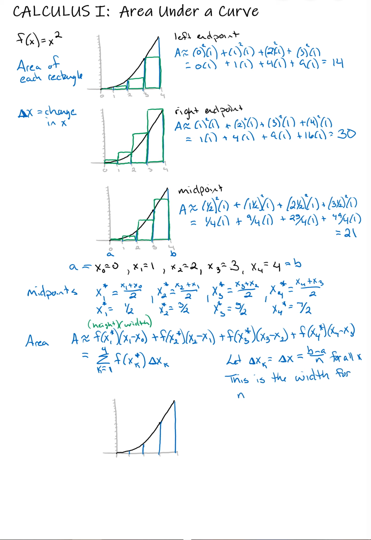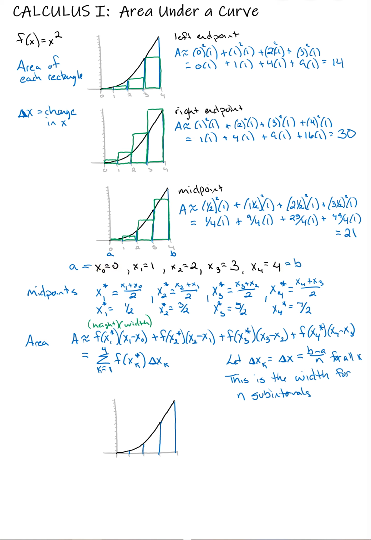as long as I have n subintervals. So in this case, I would have 4 subintervals. And the way, again, if you took 4 minus 0, and divided by n, in this case n is 4, you would get 1.